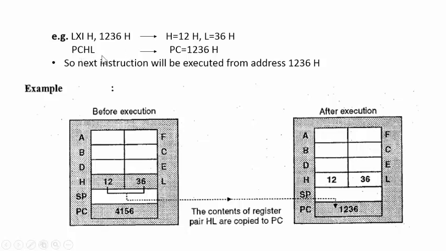After the execution of this PCHL, this 1236X gets loaded in the program counter, and execution will start from this 1236X memory location. So in this way, PCHL is like an unconditional jump instruction to change the program sequence.